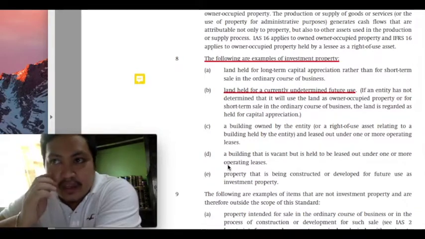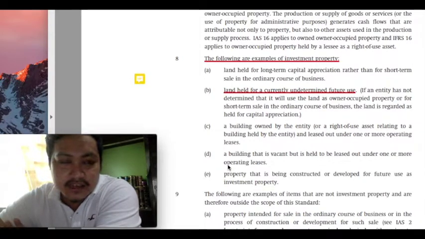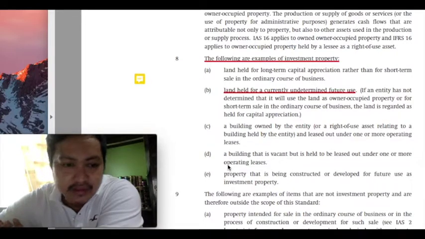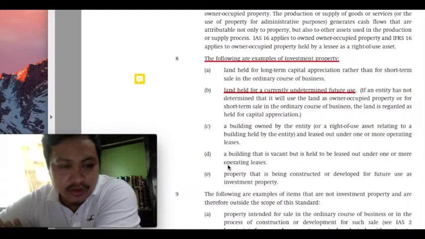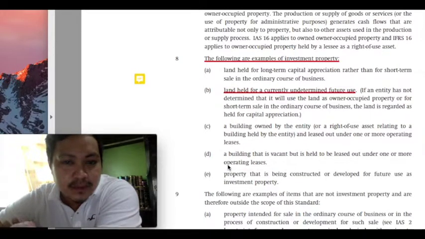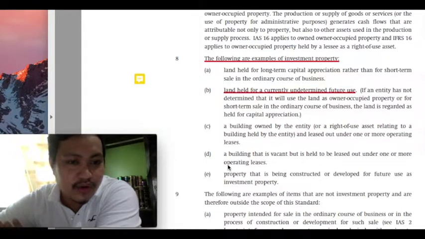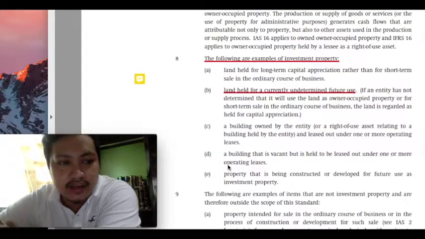Okay, so if you are holding the asset, if you're leasing out the asset in an operating lease, then that asset would be your investment property because you're holding it for rental to others. But if you are the owner and you are leasing it under a finance lease agreement, in reality, from the perspective of accounting, you will not be considered as the owner anymore, and the transaction will not be treated as a lease, but instead it will be treated as a sale transaction.